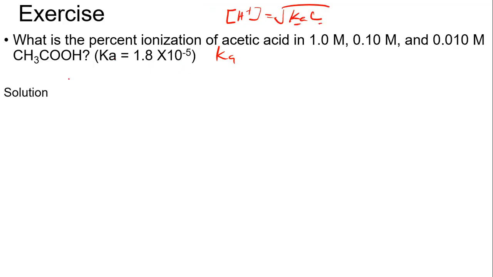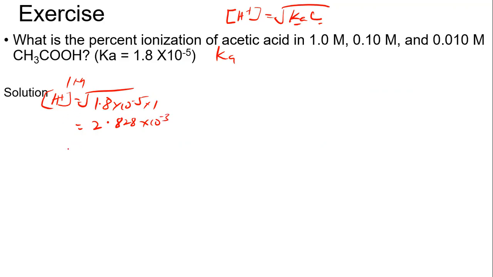So for the first concentration, the 1 molar, the H plus concentration would be square root of the Ka, that's 1.8 times 10 raised to the power -5 times 1. So that would be 4.243 times 10 raised to the power -3.